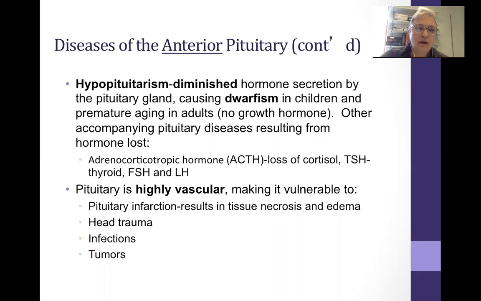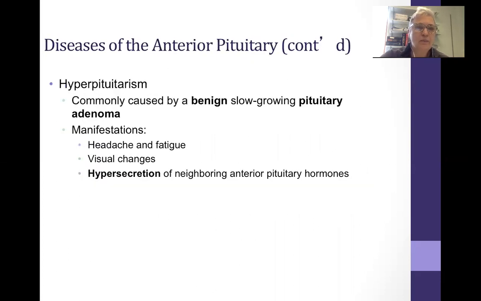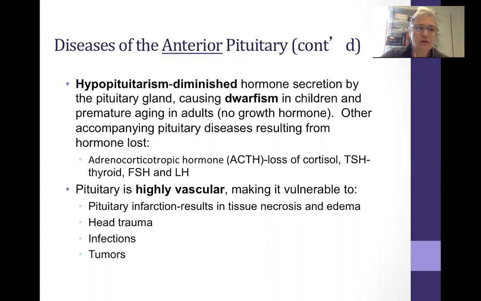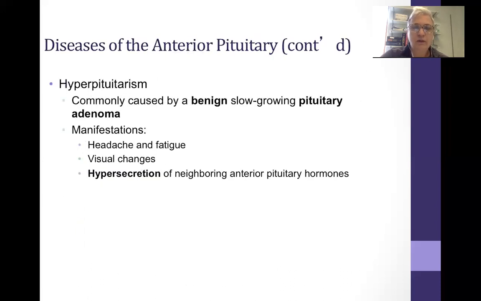So hang on to that thought for a minute, but opposite of that is hyperpituitarism. Like I said, a lot of times the hypers are caused by benign, slow-growing tumors. So that's a little different than some other type of tumors as well. It just sort of depends on the nature of the cancer, but usually they're benign, slow-growing pituitary tumors.